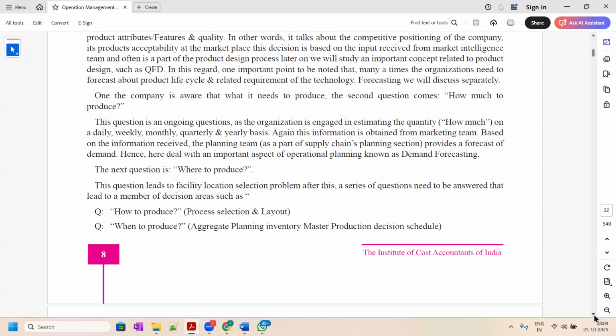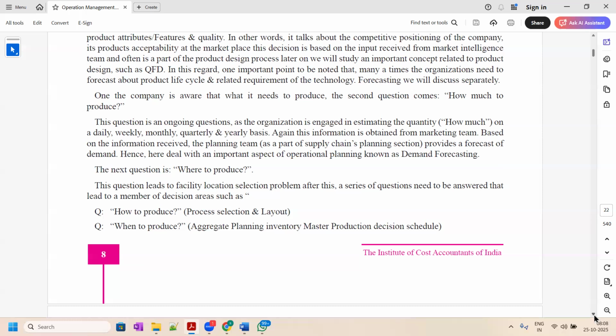And then if you have too much inventory of finished goods, but the demand has shifted, because as time passes people's expectations of the product also change. So how much to produce is very important after what to produce.